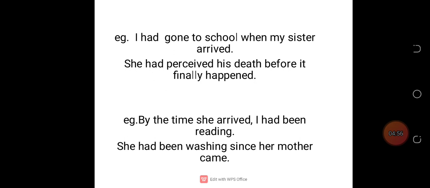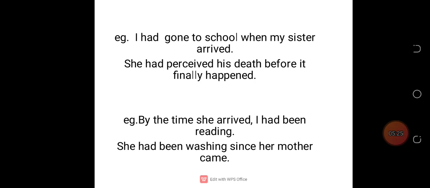So when we are forming a sentence in the past perfect tense, we use the auxiliary verb had plus the past participle form of the verb.